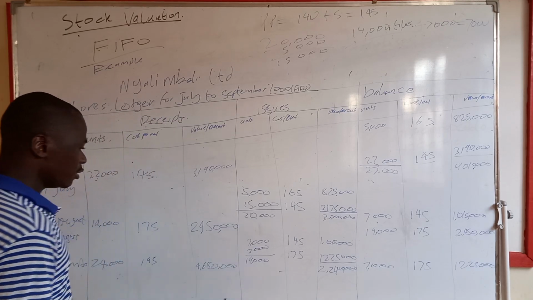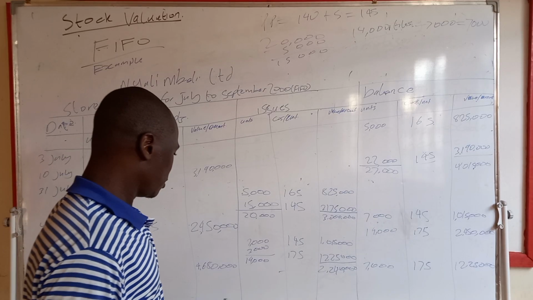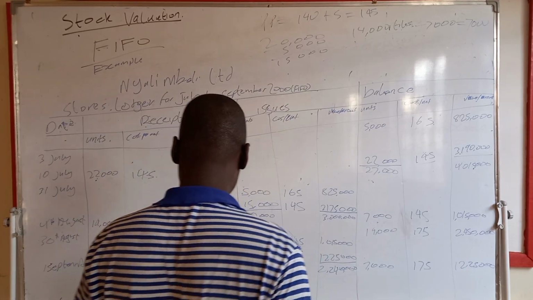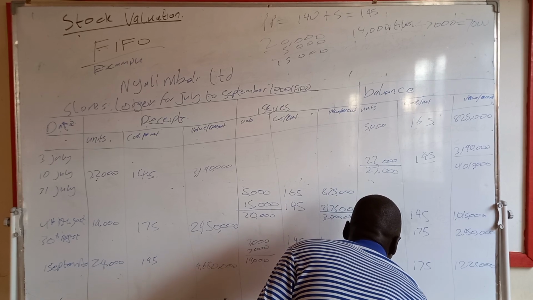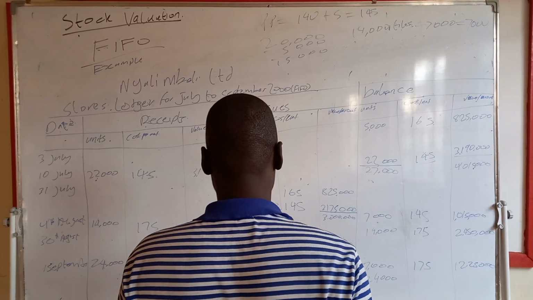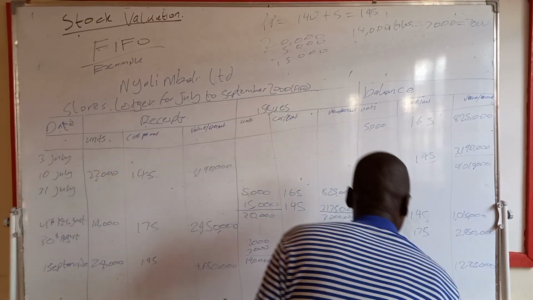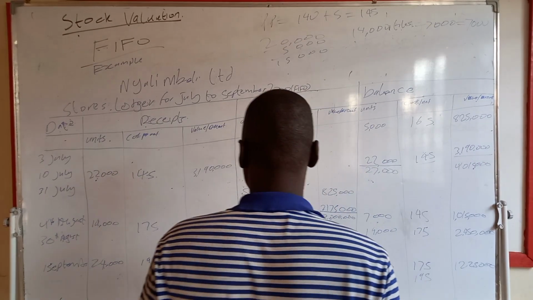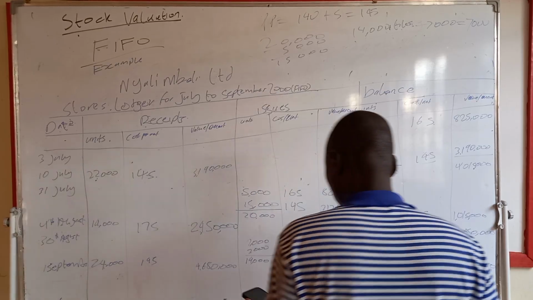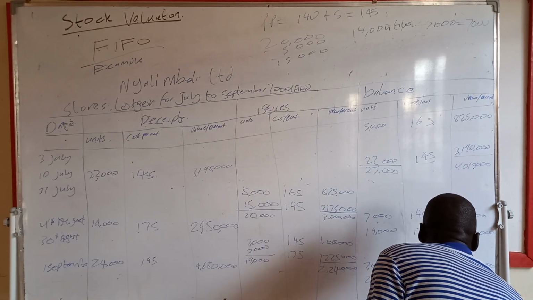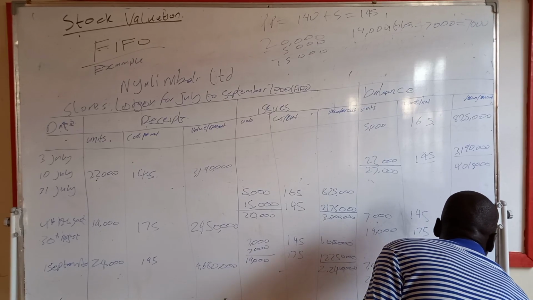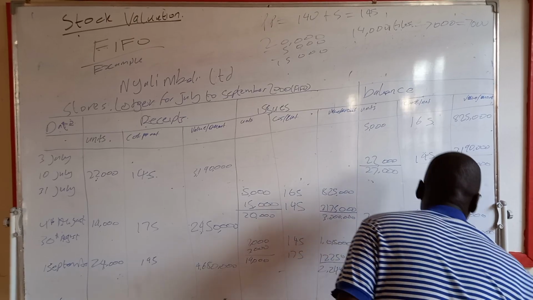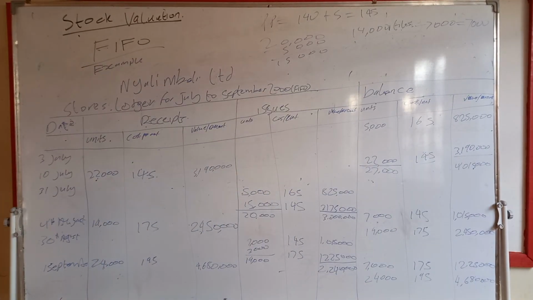So what do we have in your balance? We have 24,000 tiles at 195, and a total value of 4,680,000. That is what we have.